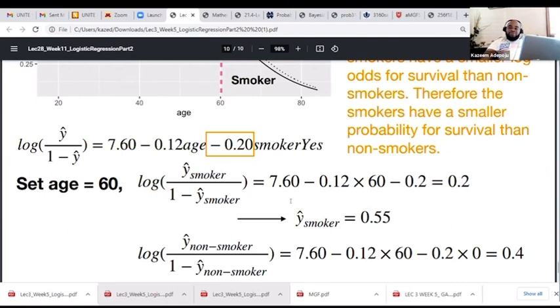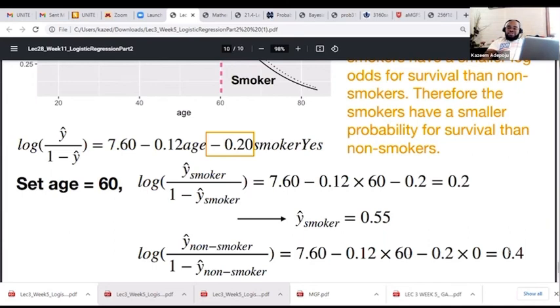And if you really want to know in probability form, you can solve for y hat, and the probability is going to be 0.55. Look at that. It's kind of dicey. Somebody who is at age 60 and smokes, based on this data, kind of dicey. And what I'm doing now is somebody at age 60 and the person does not smoke.